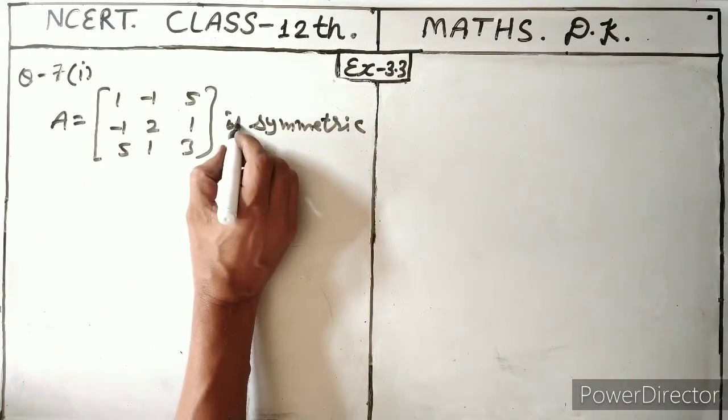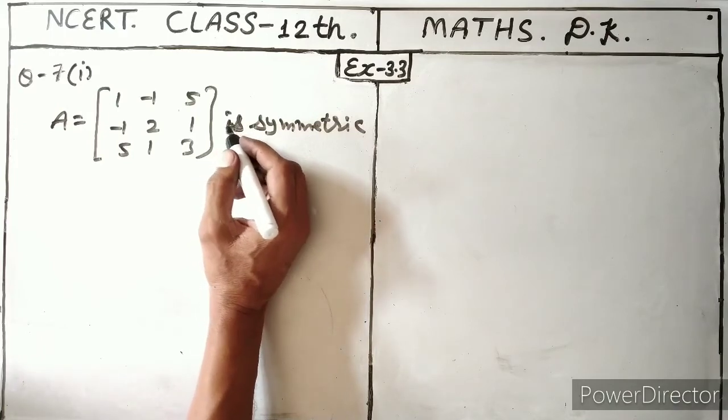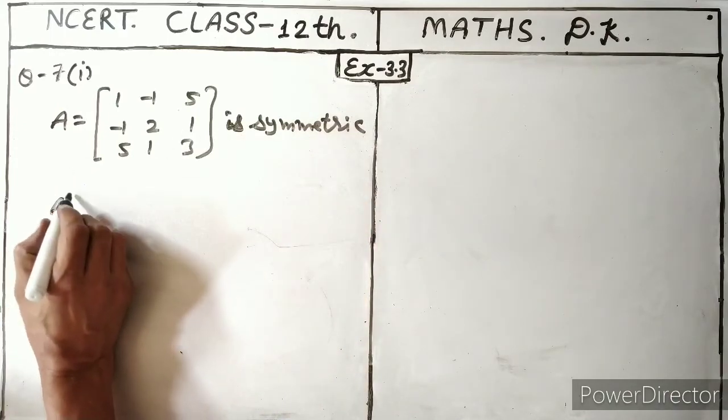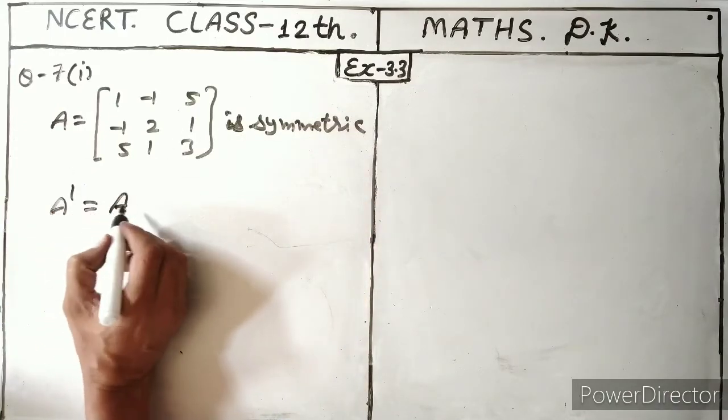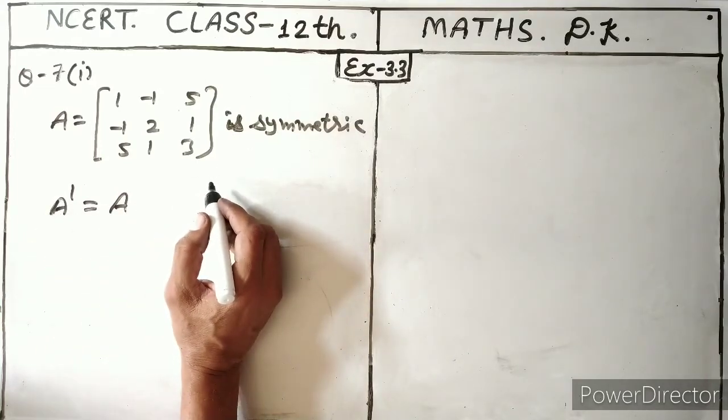Symmetric matrices are those whose A transpose equals A. This is a symmetric matrix. It means if we take the transpose of A, we get the same matrix.